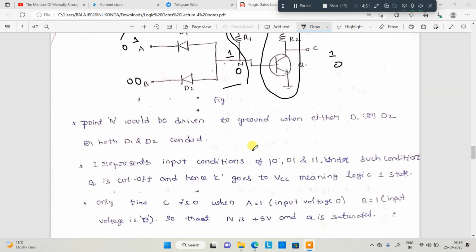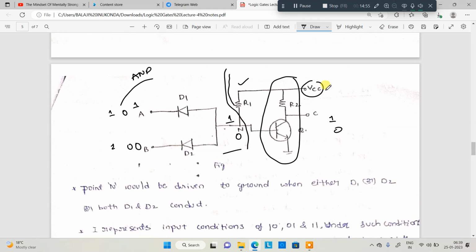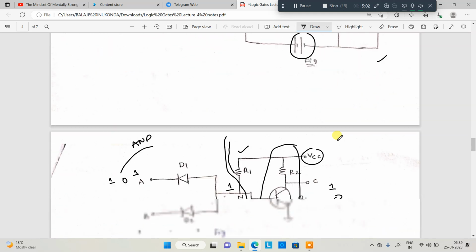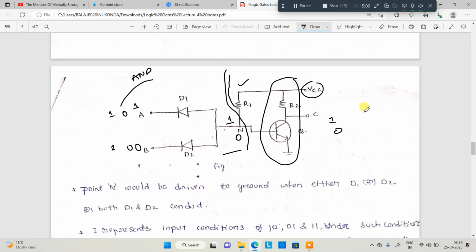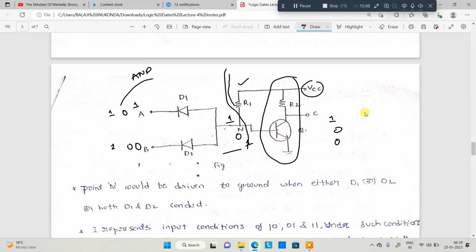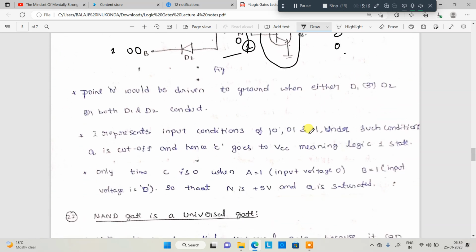That is the logic I am going to explain. For example, with 1 and 1, both are 1, the diodes conduct and you will get 0 here. Both the inputs are 1, the output is 1, which is converted by the NOT gate, and you will get 0. That is the working, it is simple.